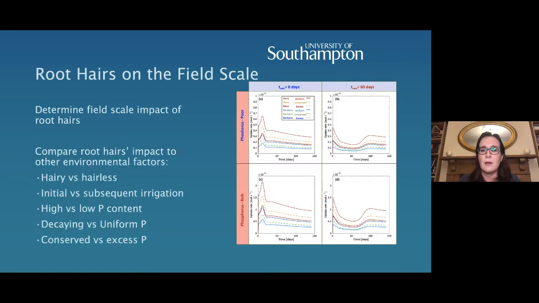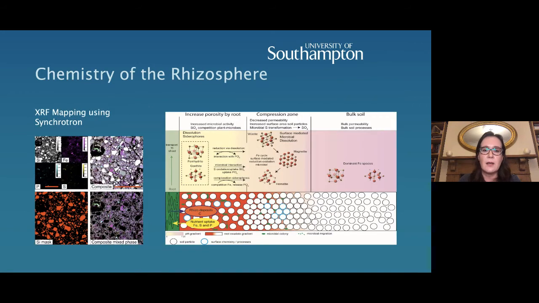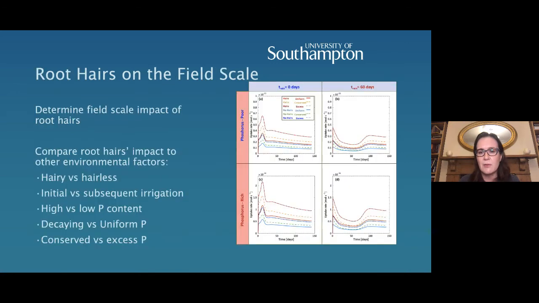Having studied now in great detail what happens to these root hairs around the root on a very small scale, we then translated these to the field scale situation and compared hairy versus hairless with different irrigation scenarios, with different phosphorus profiles in the soil to determine what the field scale impact of hairs is.